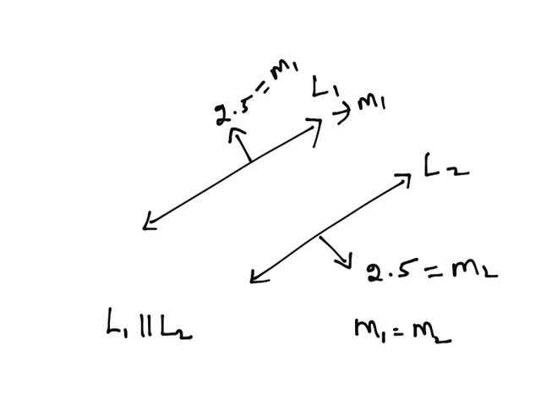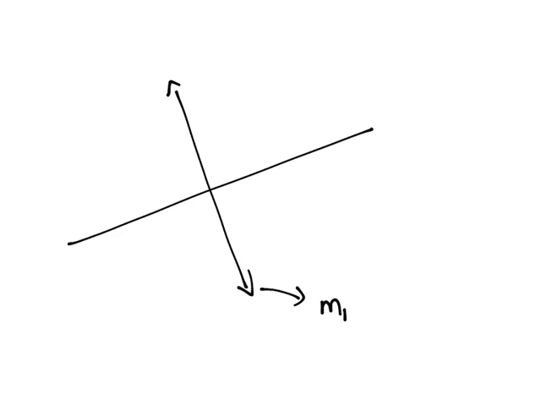What will happen if 2 lines are perpendicular? Let's say this is one line, and the slope of this line is m1, and this is another line, and the slope of this line is m2. The angle between them is 90 degrees.